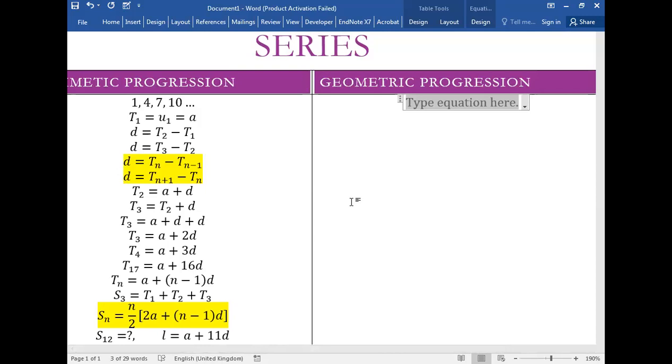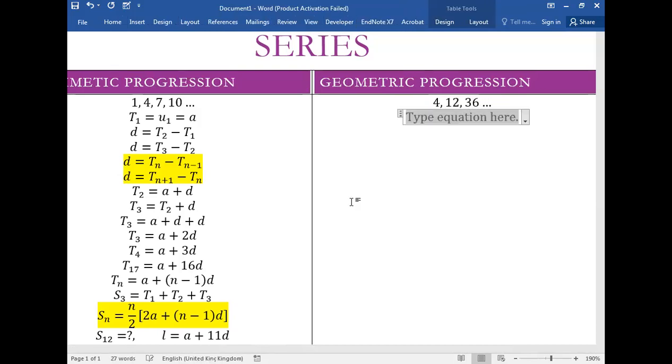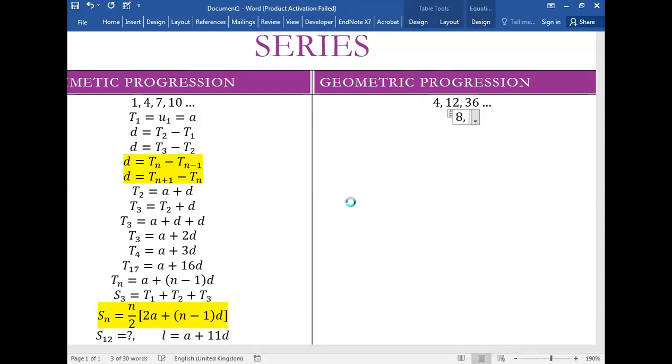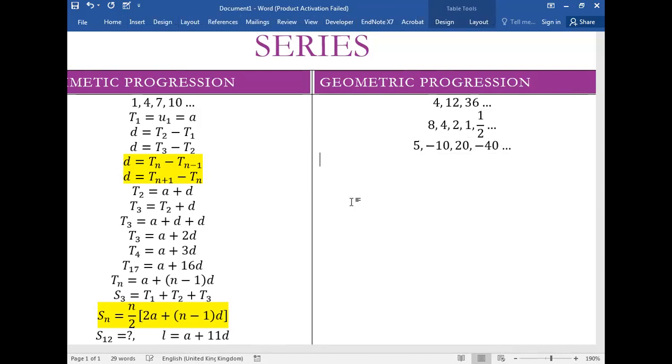Okay, now if I just provide you with some sequences. Yes, class.